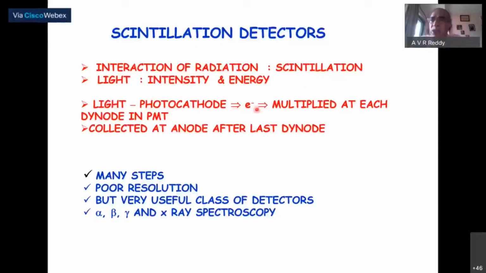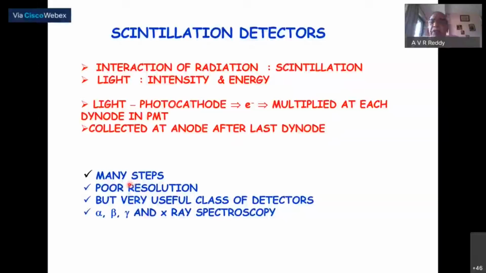An electron is produced, and an arrangement is made to get multiplication, so signal enhancement takes place, and that is collected at the anode after the last dynode. I will explain the meaning of it.